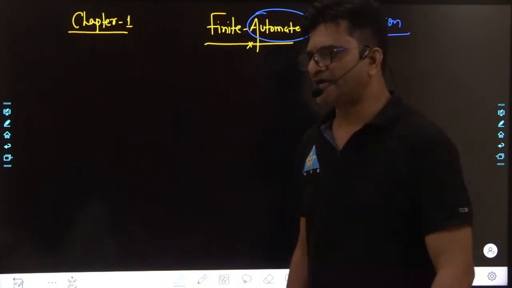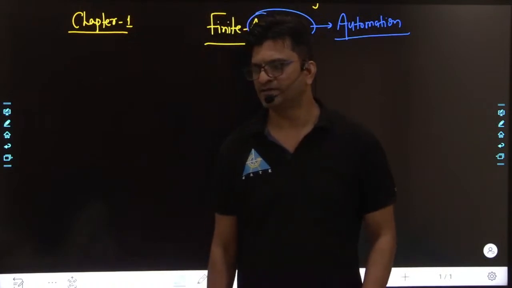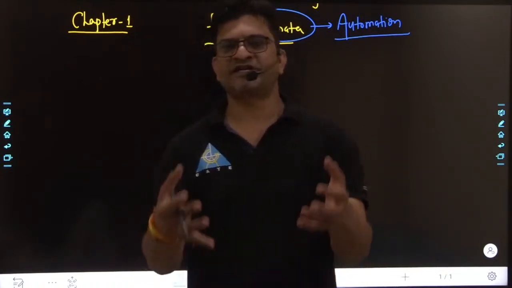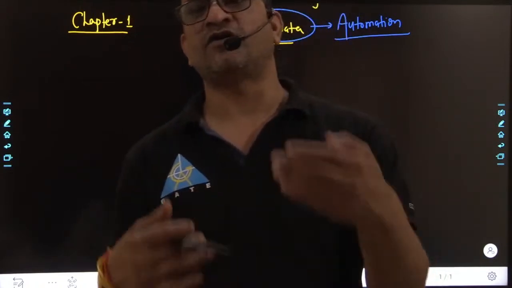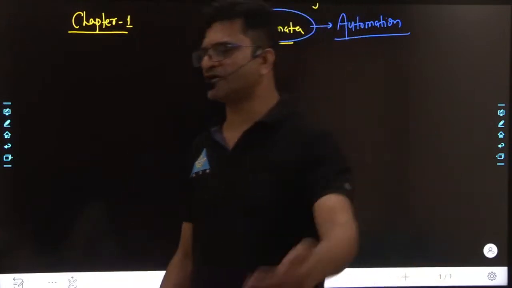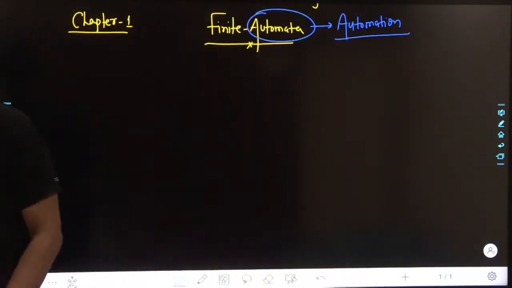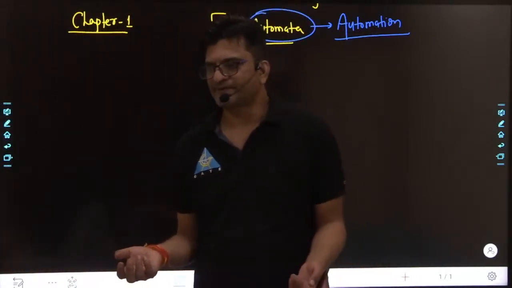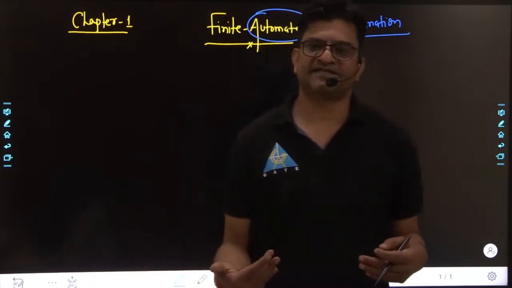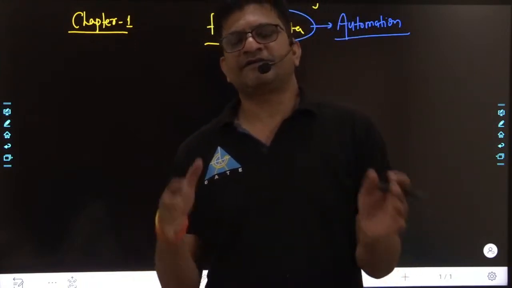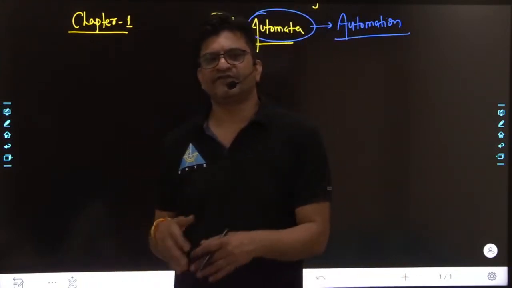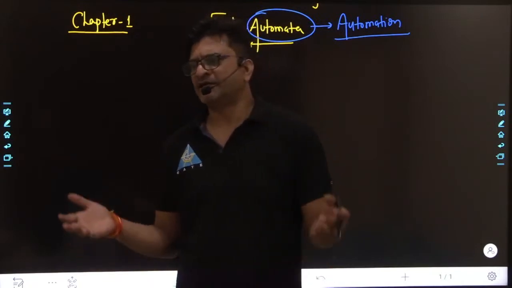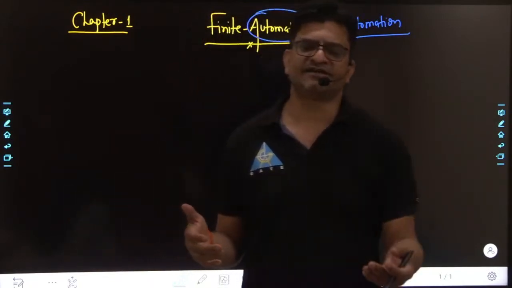What do you mean by abstract? Some information is hidden from the user, and only useful information is given to the user. Suppose an AC gives you cool air, but how it works internally we don't know, and we don't have any query about how it works internally.